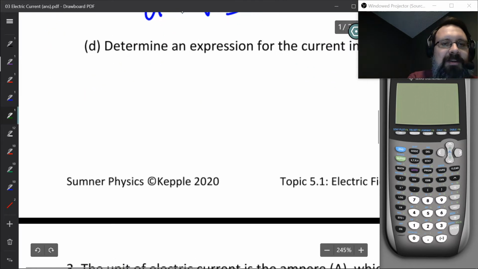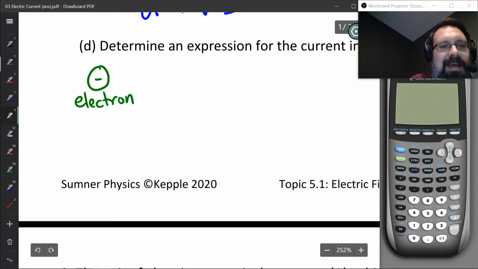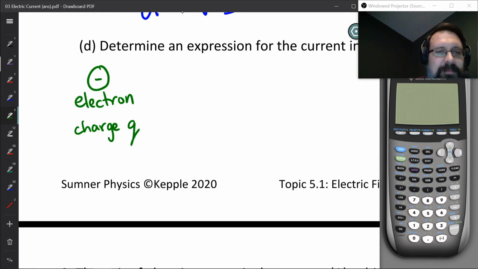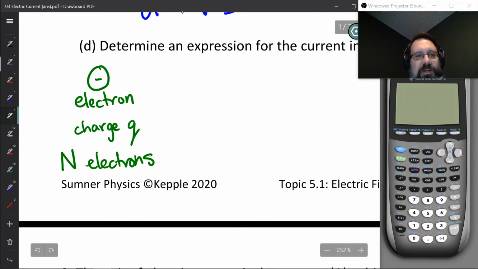So one electron, I'll show you guys here. I'll draw a picture of an electron. So a single electron, we're going to say that it has charge q. So if there are n electrons, then you should realize that how much charge we have is nq.